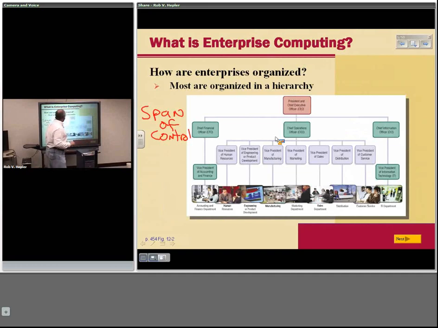And notice the CEO only has 3 people reporting to her. And they're usually chief officers, and of course this person reports to the board of directors. That's their job, to please the stockholders, and the board of directors are elected by the stockholders.